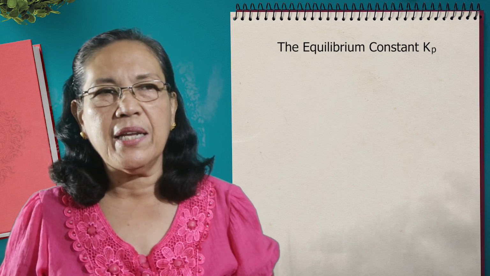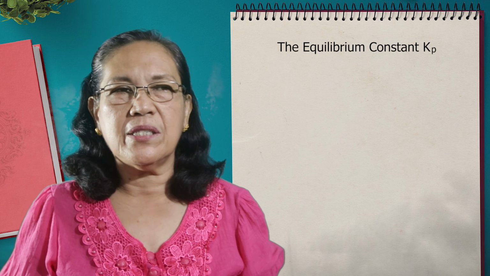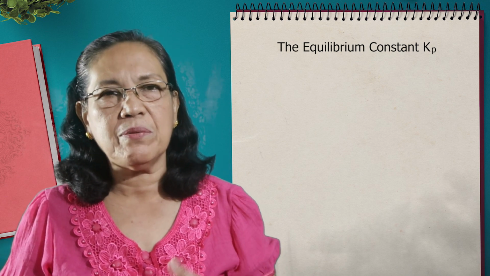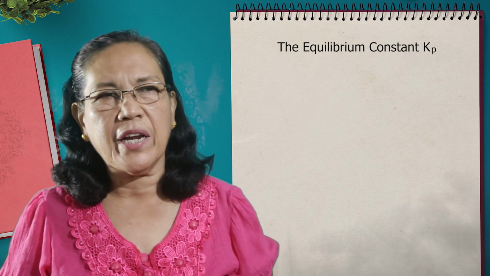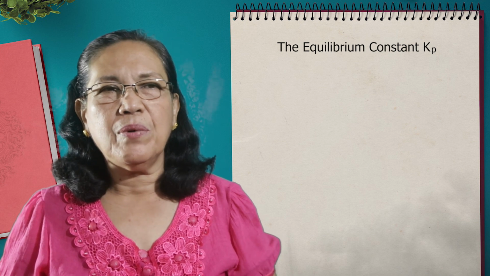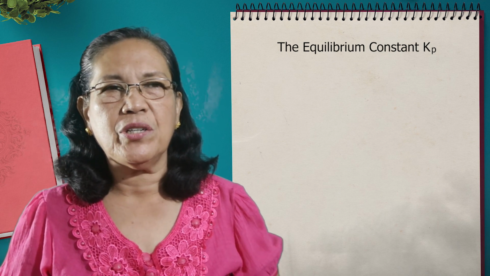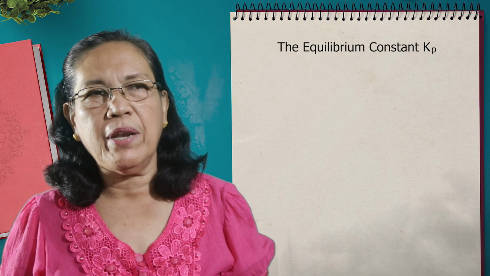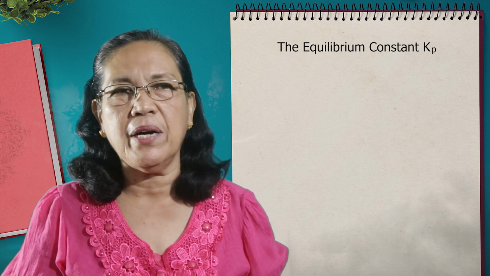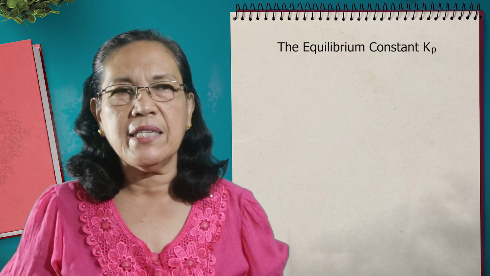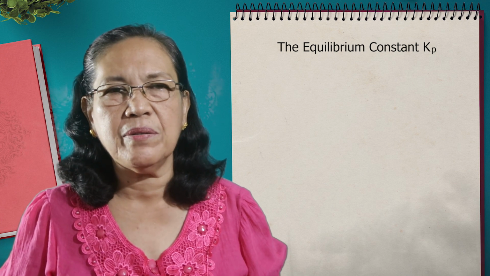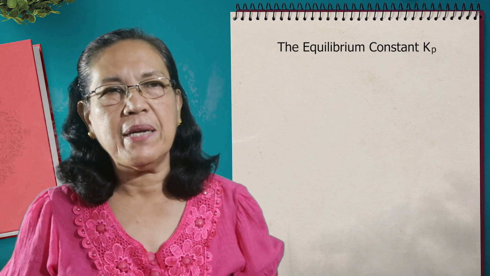If you are going to balance the reaction, you have 1 mole of phosphorus pentachloride equals 1 mole of phosphorus trichloride plus 1 mole of chlorine gas. So what would be your equation for the equilibrium constant? It will be Kp equals Kc times RT raised to positive 1.